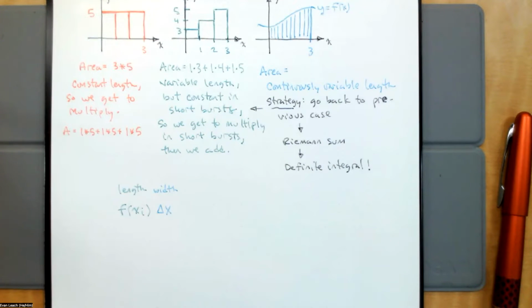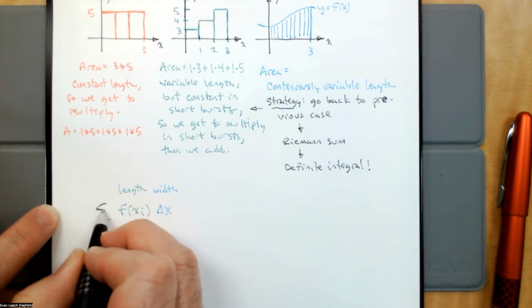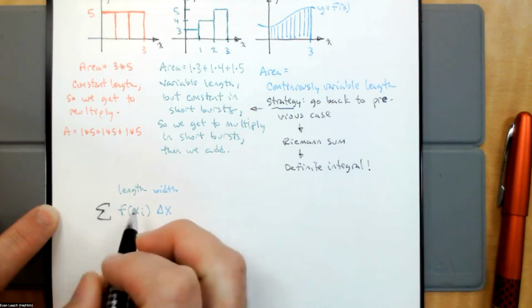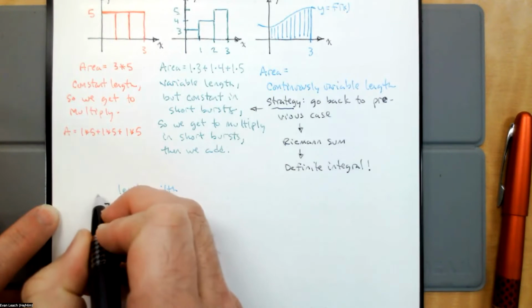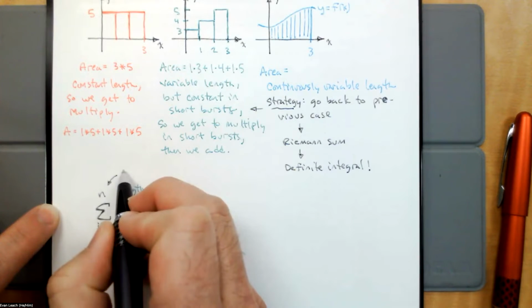That's where we did 1 times 3. Then I went to the next one. f at x2 would be 4 times 1. And then f at x3 would be 5 times 1. I just do length times width a bunch of times. Then we added up the areas of all these rectangles. Here we are adding up the areas of the n rectangles.